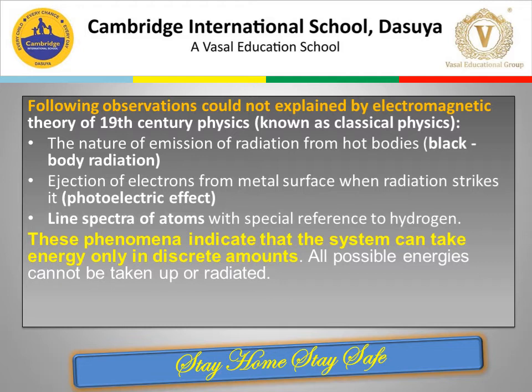All these phenomena point to the fact that a system can take up energy only in discrete amounts. All the possible energies cannot be taken up or radiated. A detail of this we'll be studying here. In fact, we will be studying the black body radiation, photoelectric effect and the atomic spectra in detail.